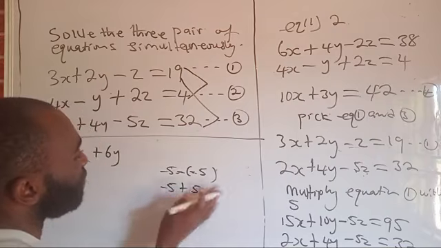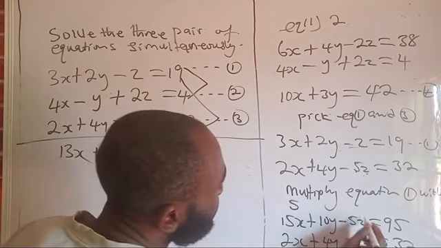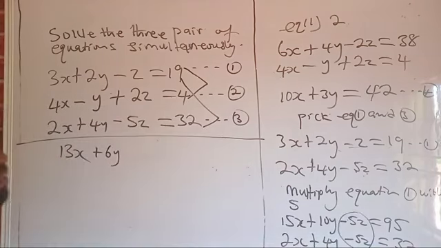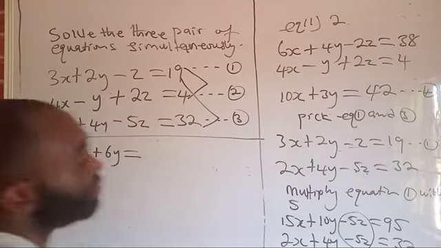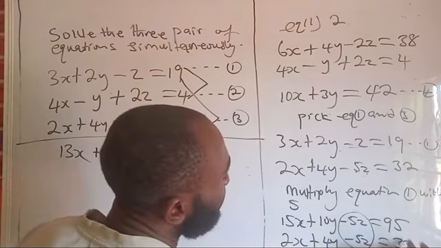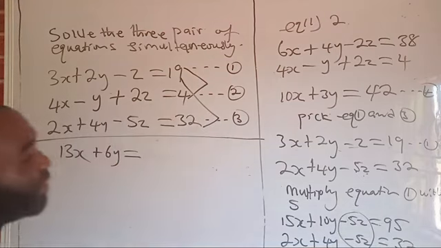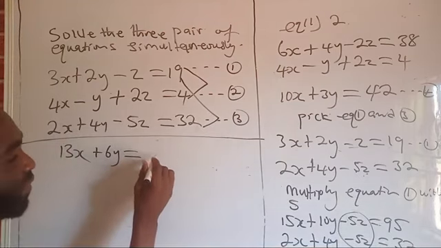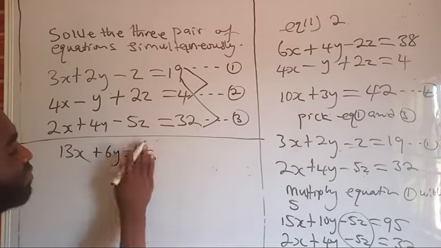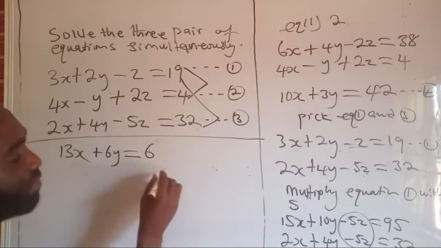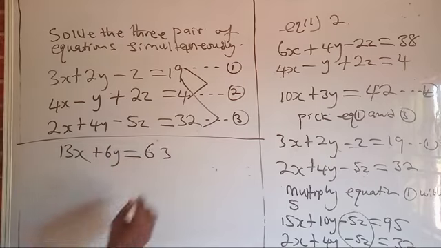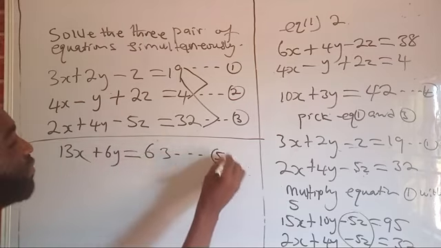And minus 5 plus 5 is 0. So which means z will be eliminated. So you now have equal to, so here you have 32 minus this, that gives us 63, right? Then this becomes our equation 5.